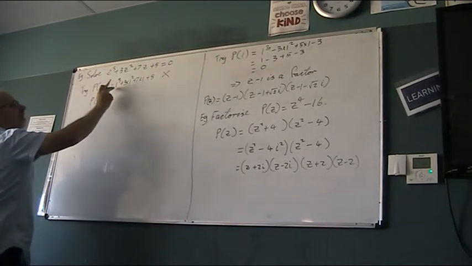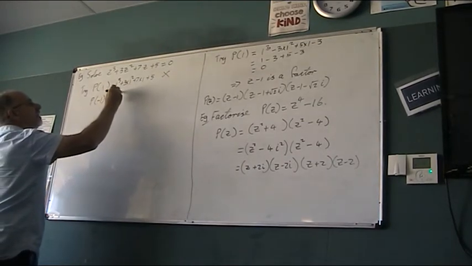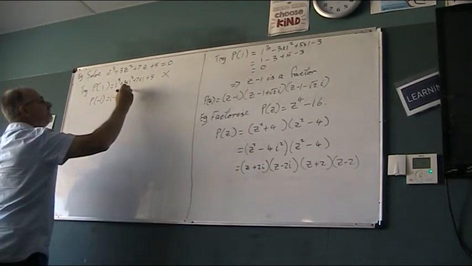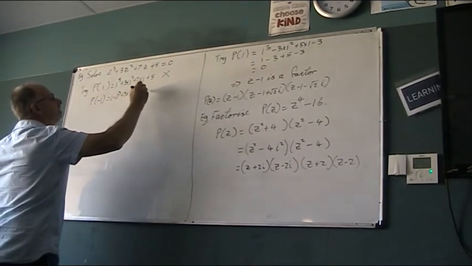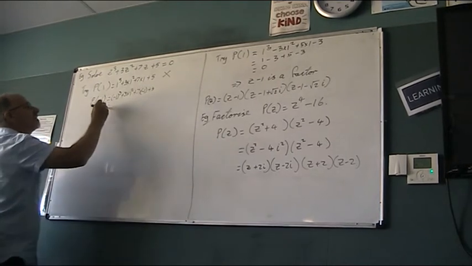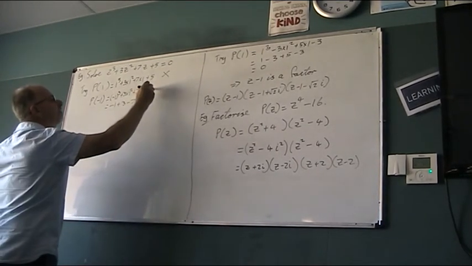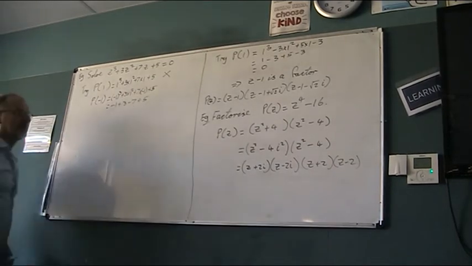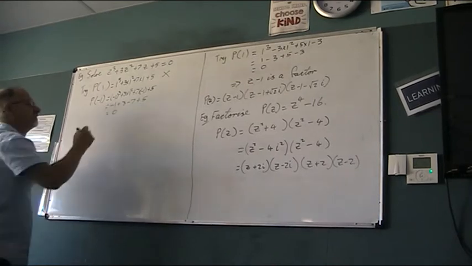Because remember, if it's negative 1, these two terms here are going to be negative. Negative 1 plus 3 minus 7 plus 5, which is 0.